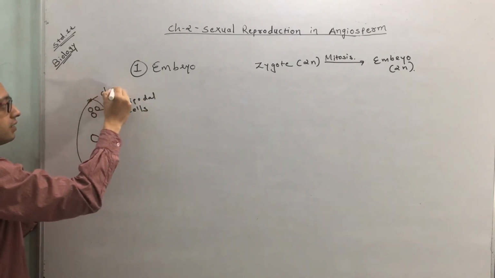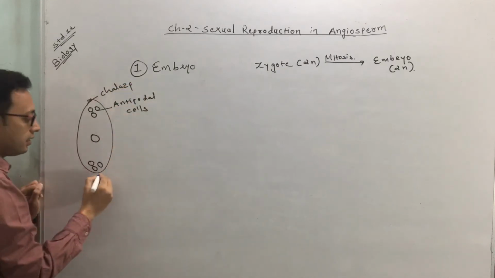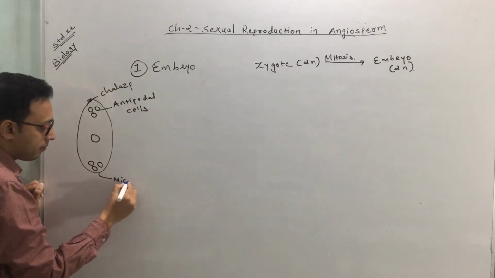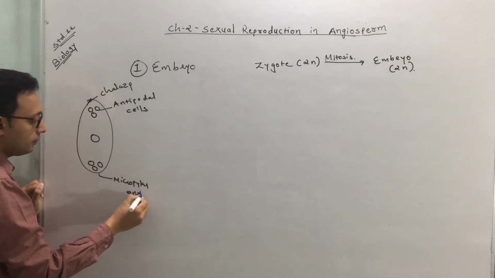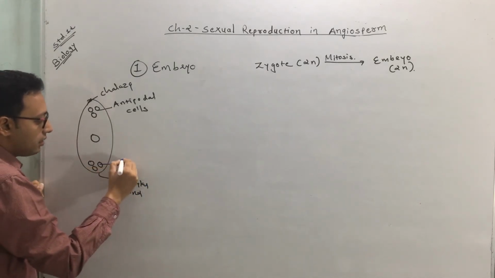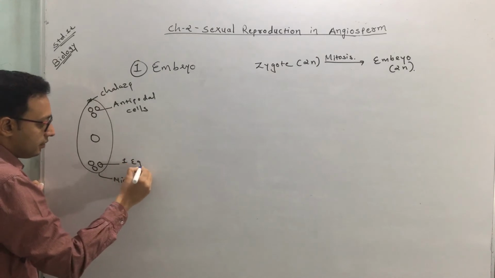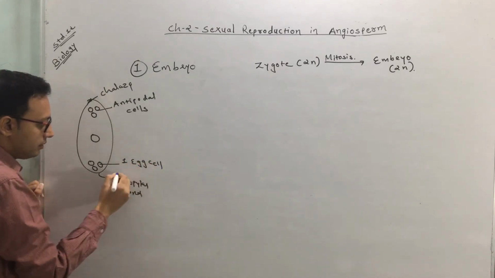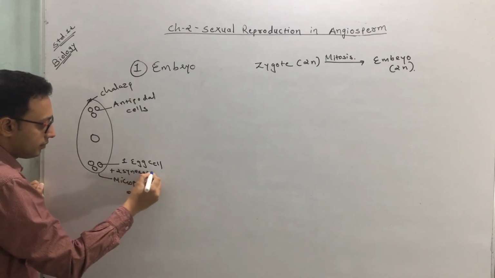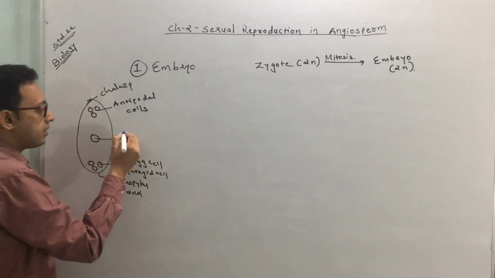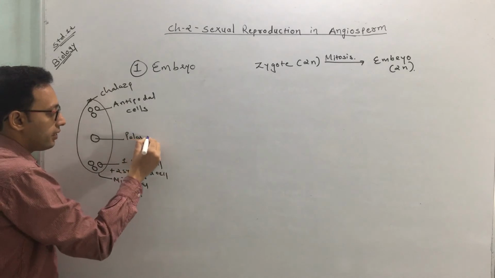This is the micropylar end, and it contains 1 egg cell and 2 synergid cells. And in the center there are the polar nuclei.